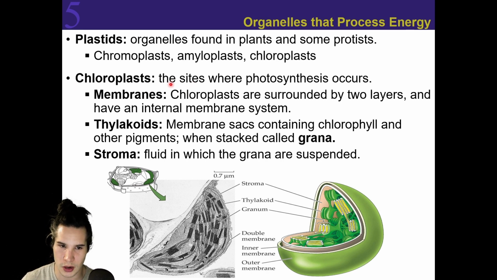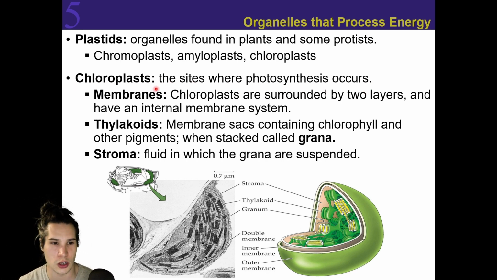And then just to dive a little bit into chloroplasts. So chloroplasts, we know those are going to be the sites where photosynthesis occurs, and they're going to be doubly membraned, kind of like our mitochondria. So chloroplasts are surrounded by two layers. So you have an outer membrane as well as an inner membrane within your chloroplasts. And within those chloroplasts, you have these things called thylakoids, which are these flat membranous sacs where the light reaction of photosynthesis is going to occur.